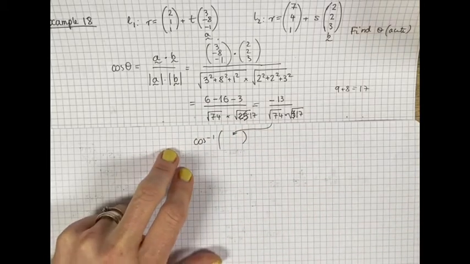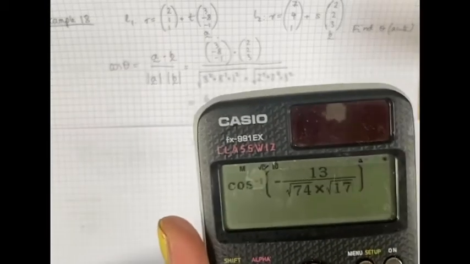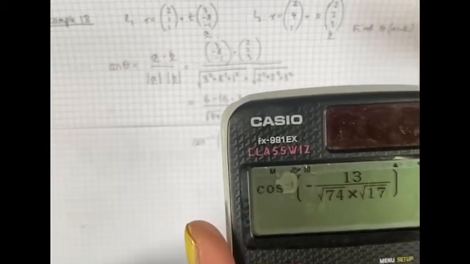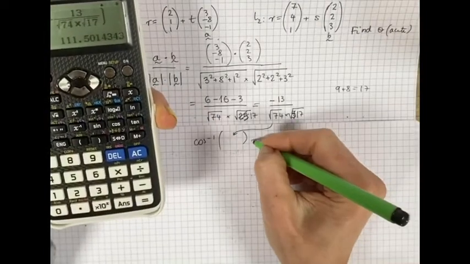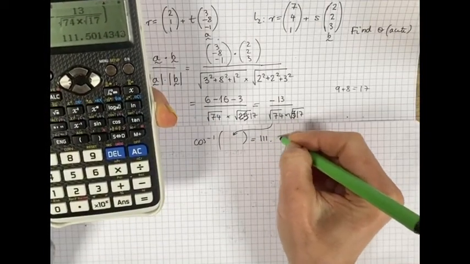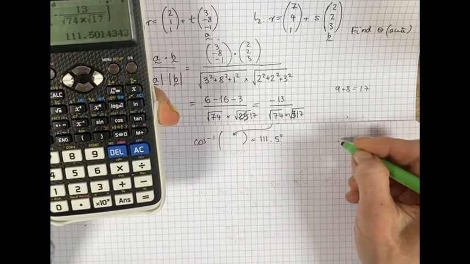There you go, and that will be square root of 17, 111.5.